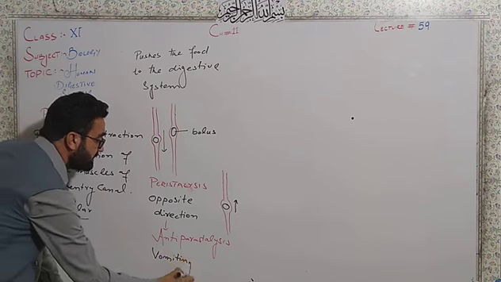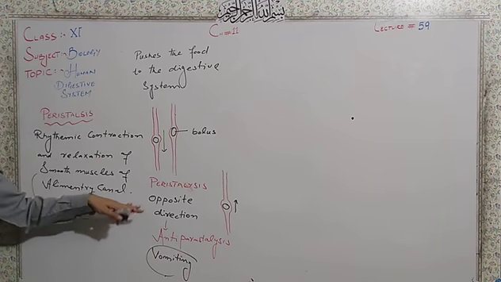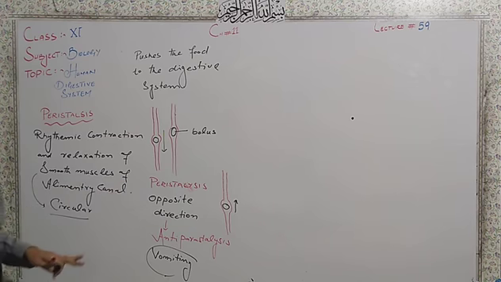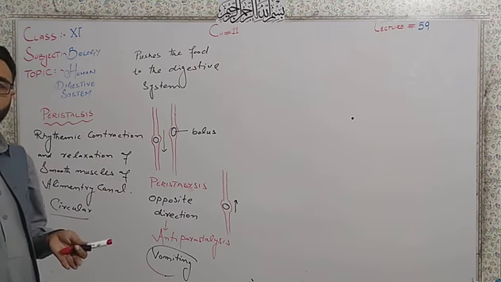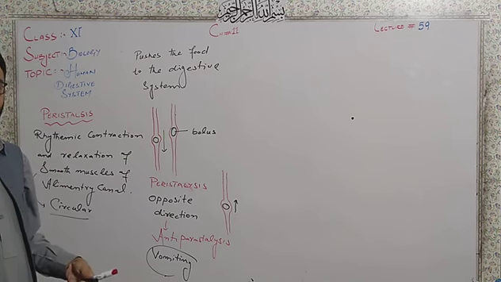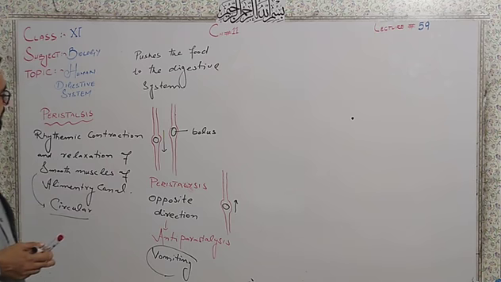So vomiting is actually antiperistalsis, peristalsis in the opposite direction. Vomiting is a very important safety mechanism: if you eat something wrong, vomiting is a technique by which it will be expelled. So this is about peristalsis.